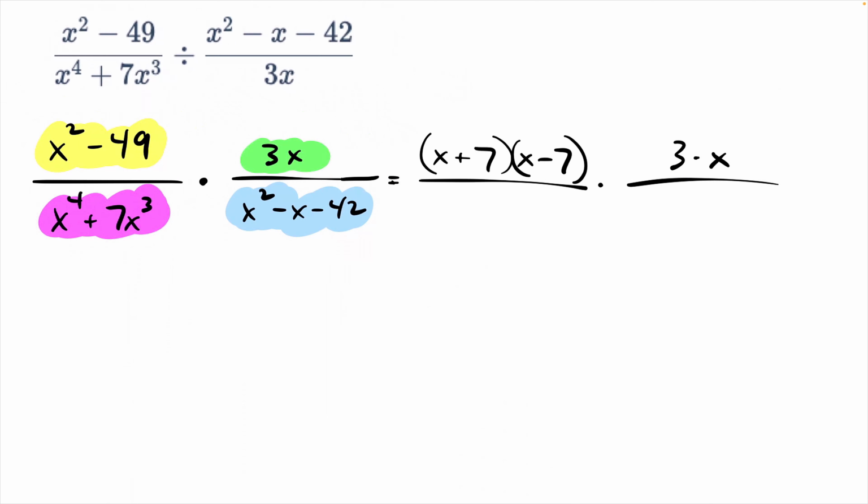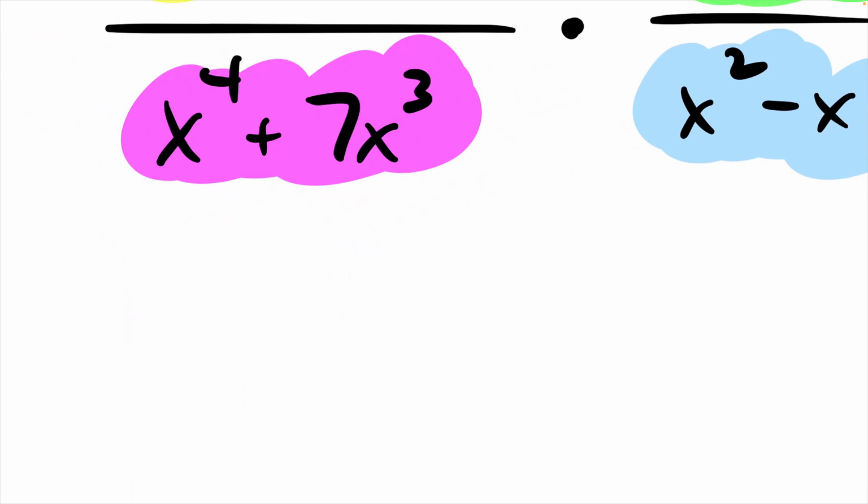Pink. Monomial, binomial, or trinomial? Binomial. So let's go back to the binomial steps. Does it have a GCF? It does, right? X to the third power. We always want to take out the smallest power.